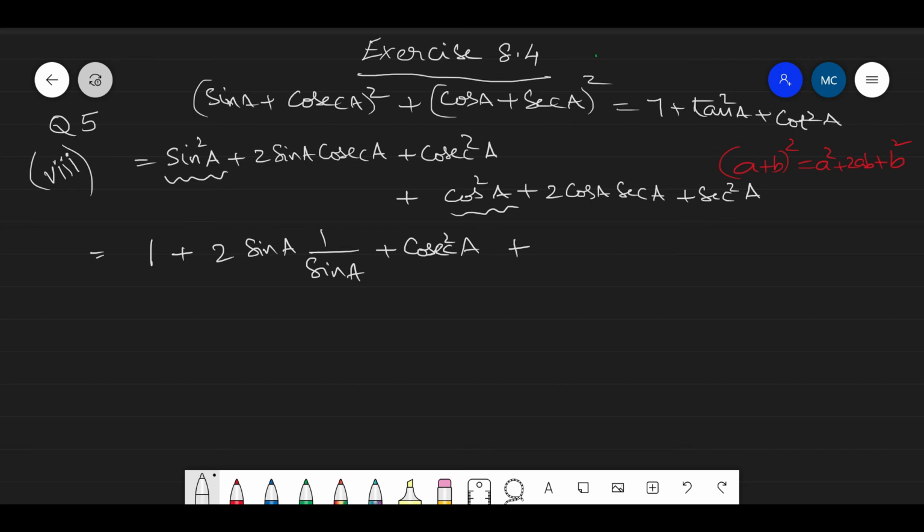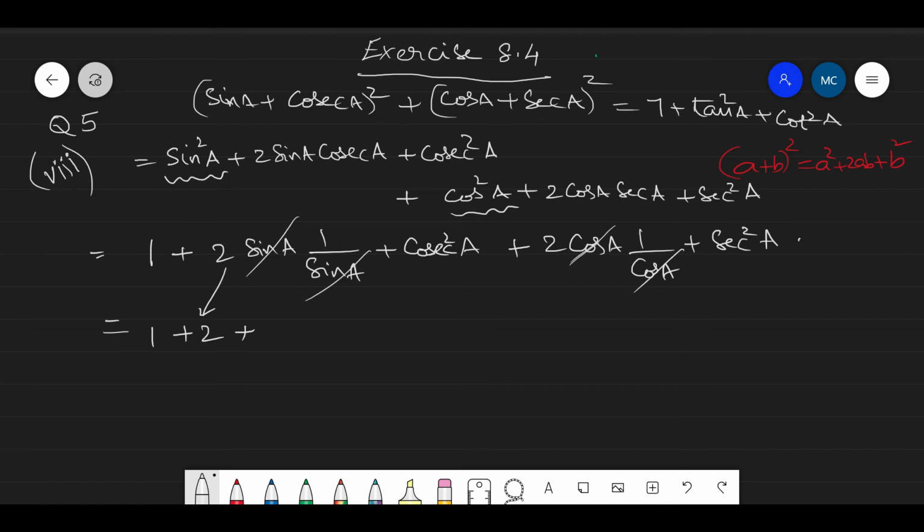So you are left with again 2 cos a. Secant a is 1 by cos a, plus secant square a. Now you can cancel this sin a and sin a. Here cos a and cos a. So you are left with 1.